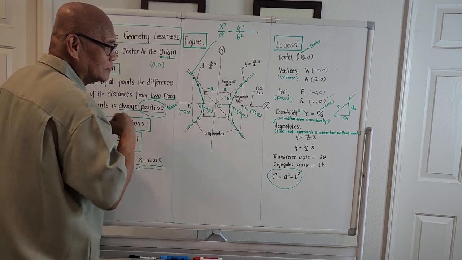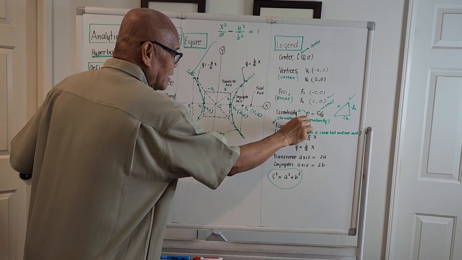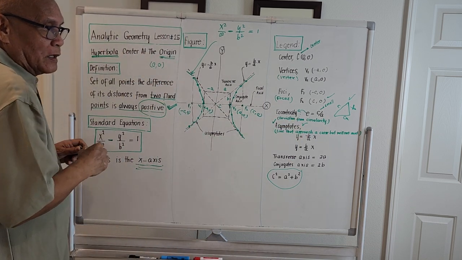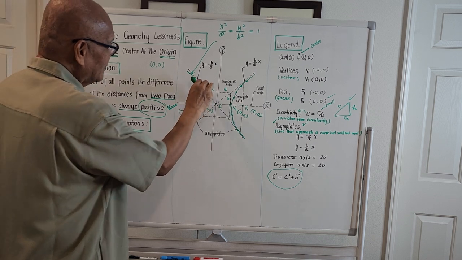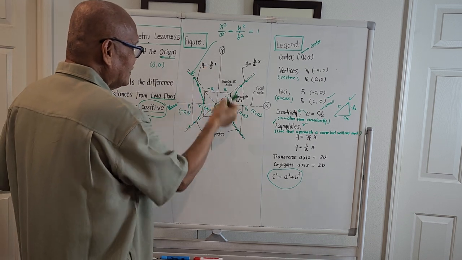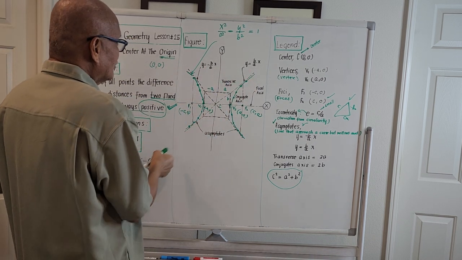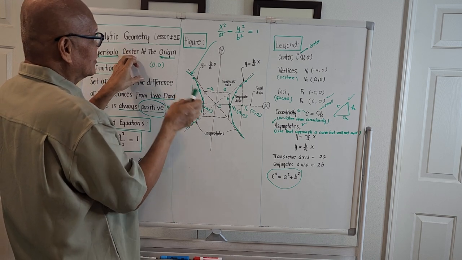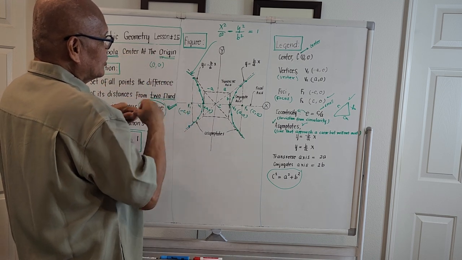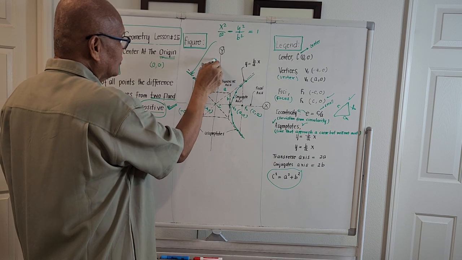That's asymptote. And for asymptotes, we also need the equations of these lines. This should be a straight line and this should be a straight line. For the hyperbola in which the center is at the origin, this is the equation of the first asymptote.